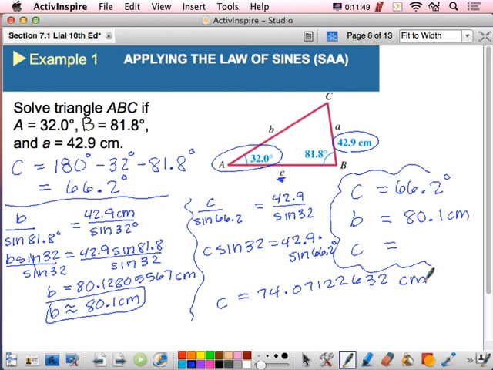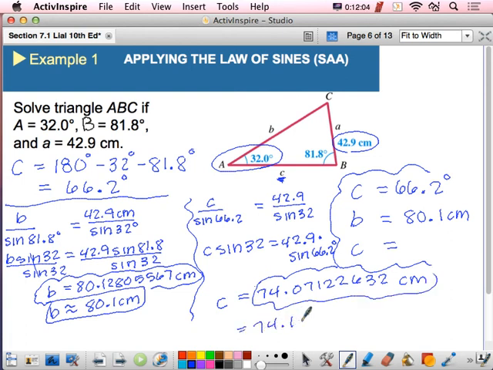If I were going to use little b in this problem, I would need the unrounded, not the rounded. All right, what does that round to? 74.1 centimeters. Okay, so that's how we solved that.